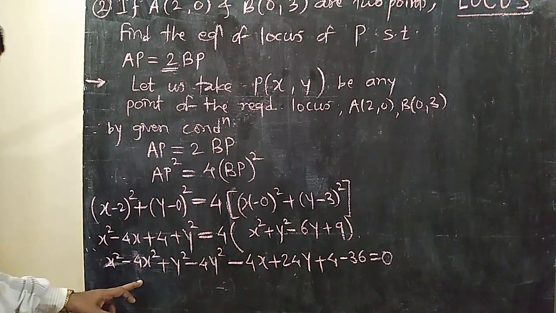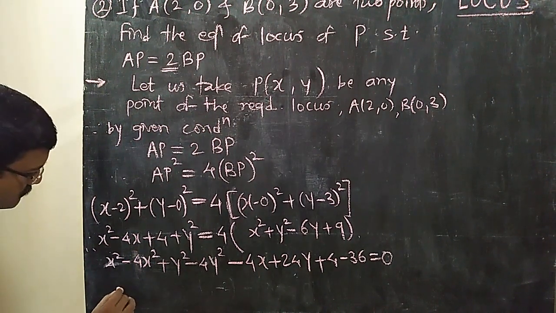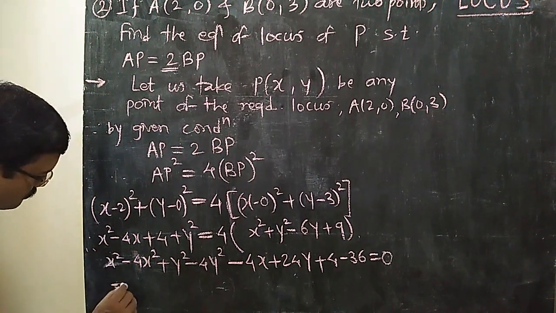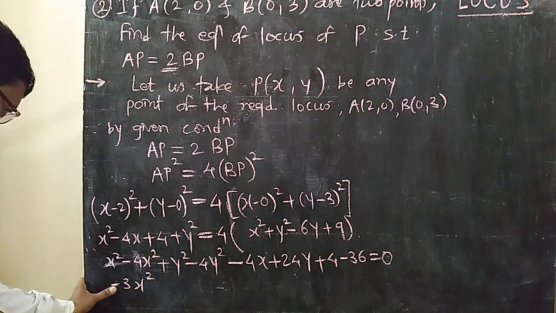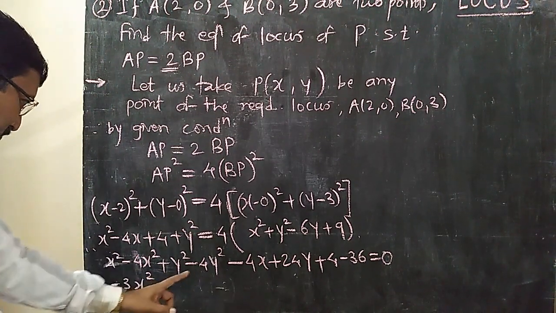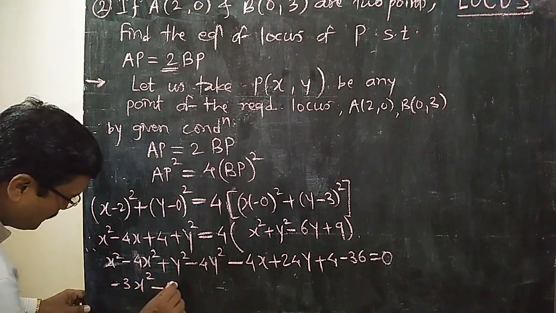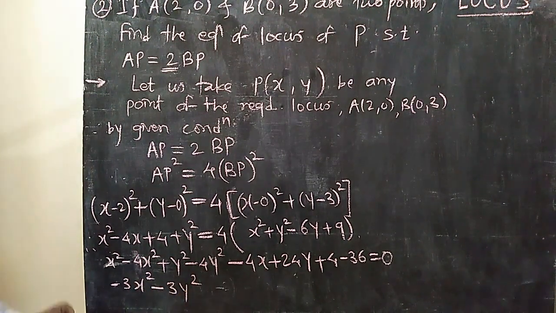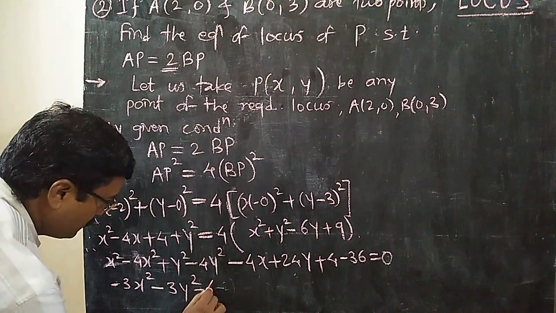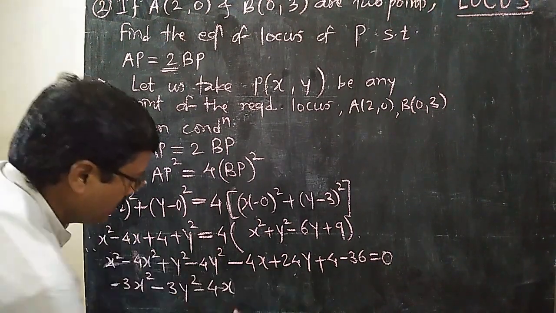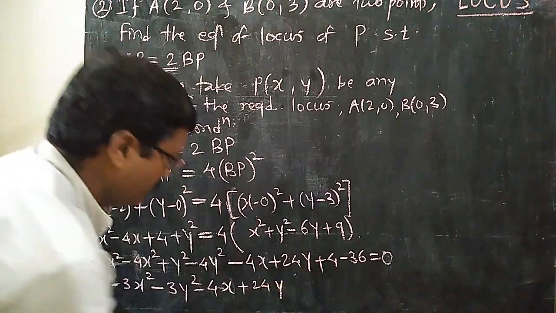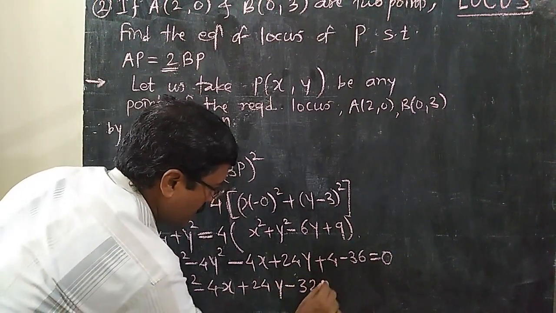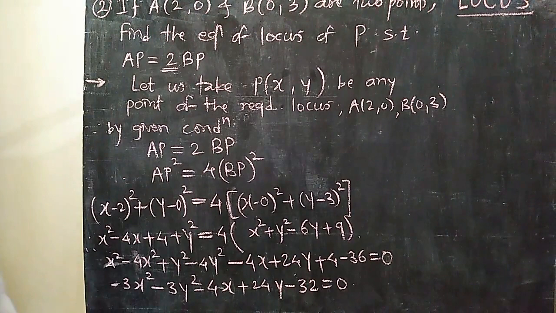So x square and minus 4x square give minus 3x square, then y square minus 4y square is minus 3y square, minus 4x as it is, plus 24y as it is, and this becomes minus 32 equal to 0.